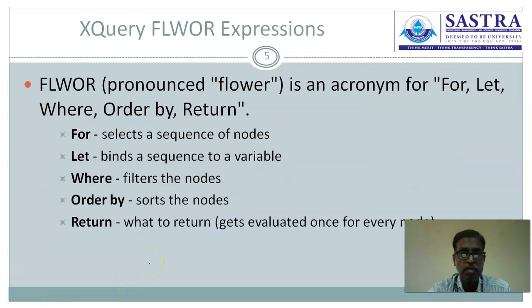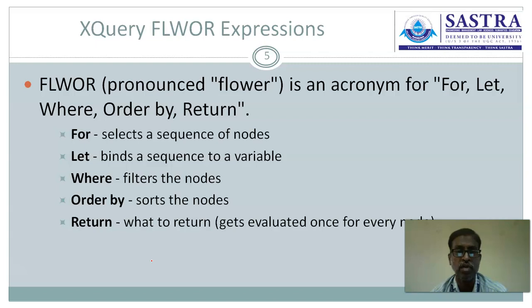And the next one, XQuery FLWOR expression. F is for the for loop or for statement, L the let statement, W the where statement, O order by, R return. This will be pronounced as flower. It contains the for statement, let statement, where, order by, and return statement.